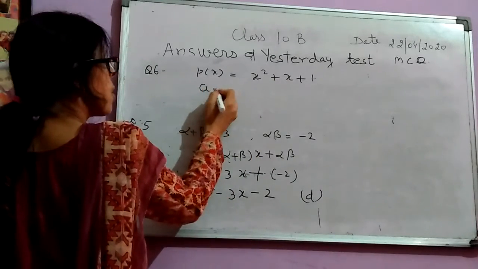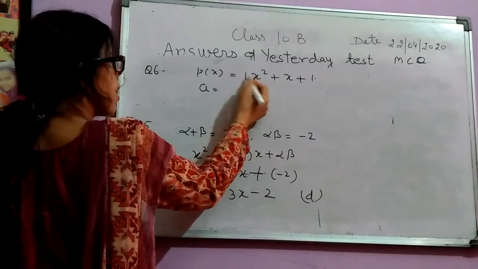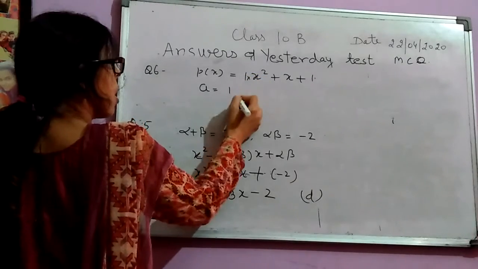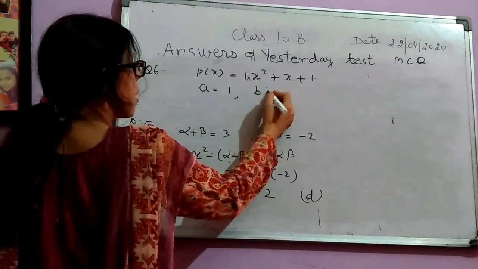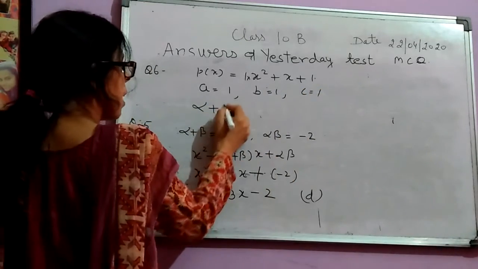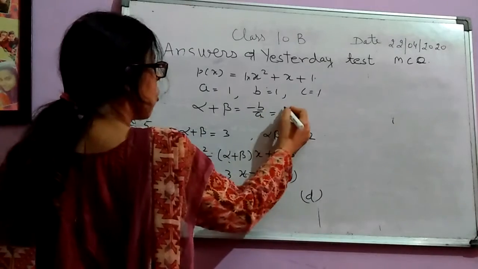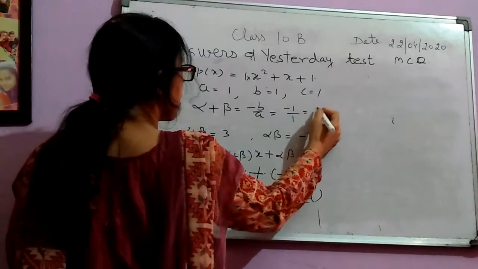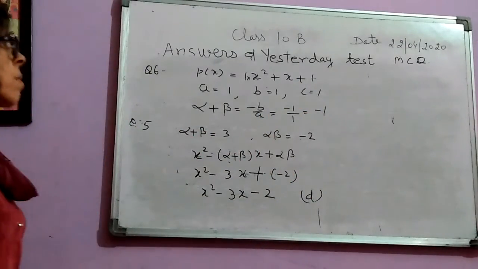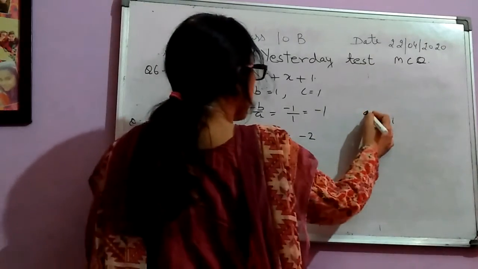First coefficient a, which is the coefficient of x square. The coefficient of x square is nothing, so it is 1. b is the coefficient of x, that is also 1. c is the constant term, that is also 1. For finding alpha plus beta, the formula is minus b upon a. Write the value of b, write the value of a, it is minus 1. So alpha plus beta is minus 1, which is written in part A. So part A is correct.